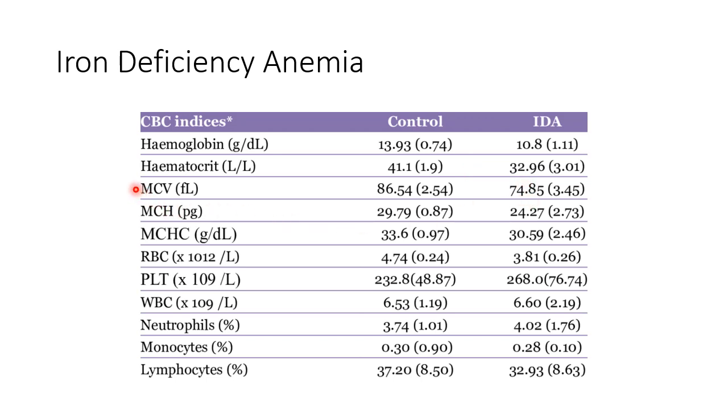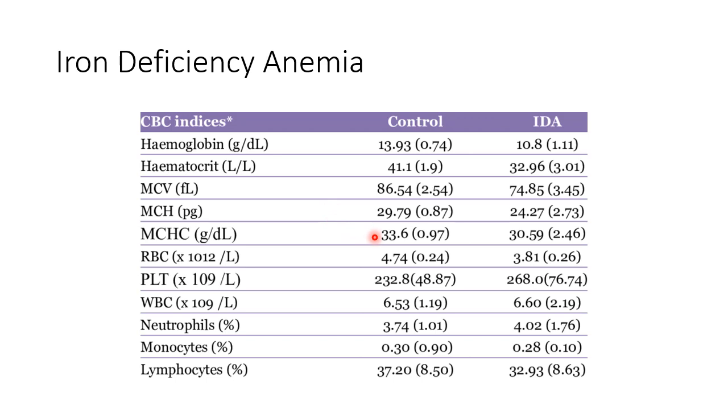MCV is your mean corpuscular volume. It will tell you the size of each red blood cell. So from a normal of 86, you have a smaller red blood cell of 75.